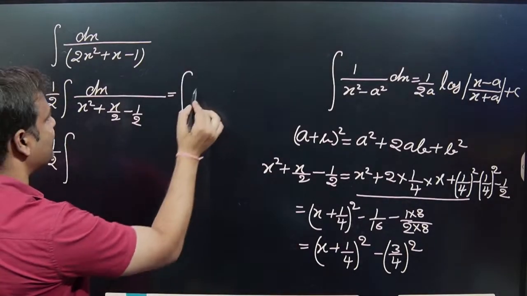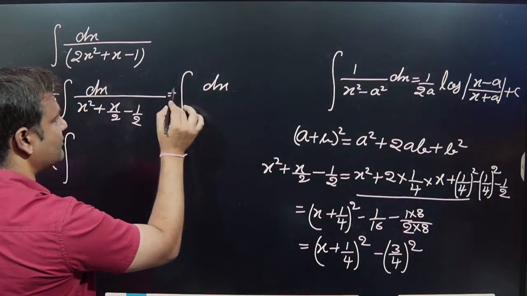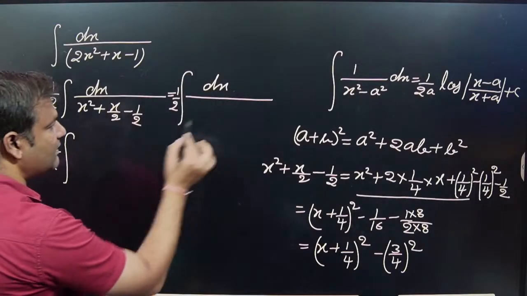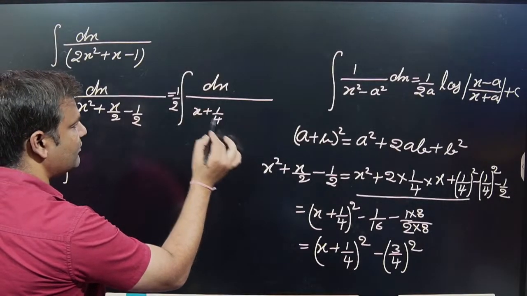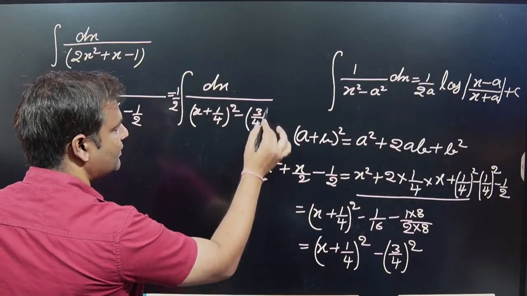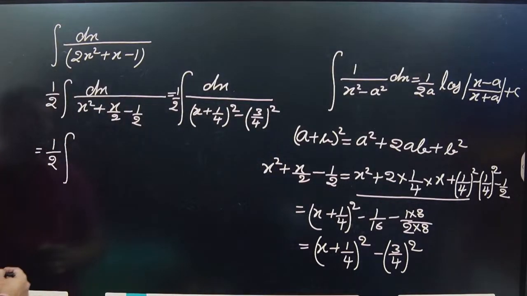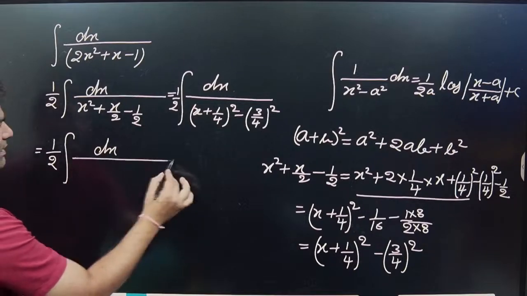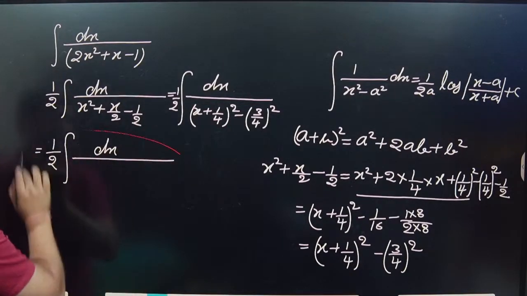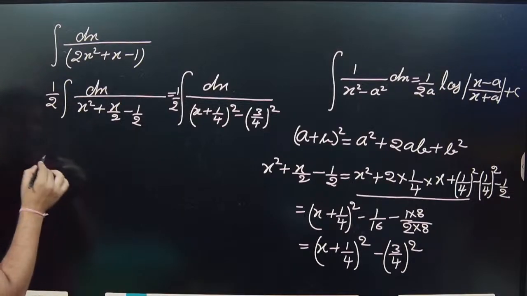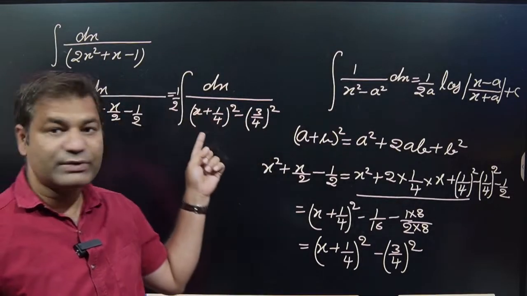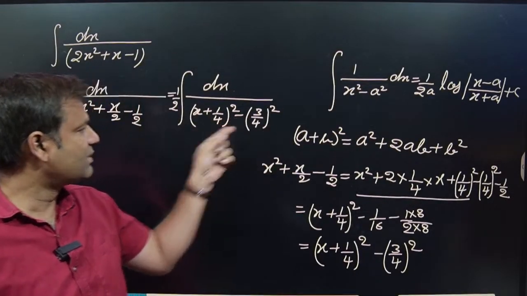So this one is written here as integration of dx divided by, what about that value here, (x + 1 by 4) whole square minus (3 by 4) whole square. Okay, so dx. Right now, if we directly utilize the formula here, x is replaced by x plus 1 by 4 and a is replaced by 3 by 4.